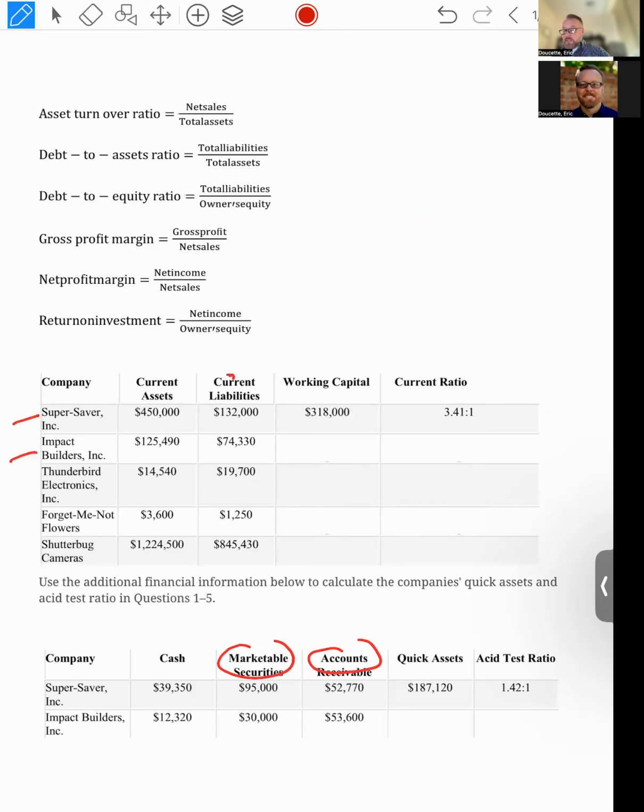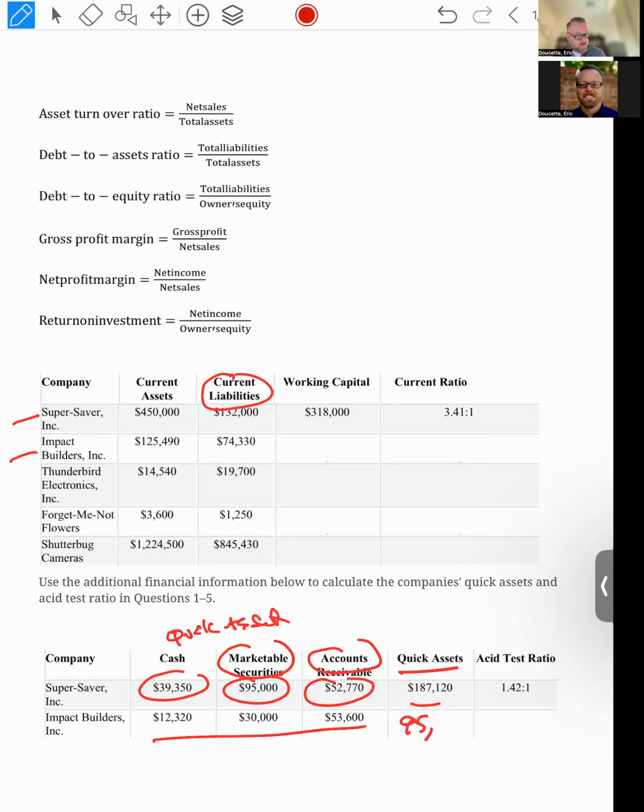Everything's the same, but now we're doing quick assets: cash, marketable securities, and accounts receivable. We add all of those up across. That comes out to 187,120. The next category comes out to 95,920 for Impact Builders.